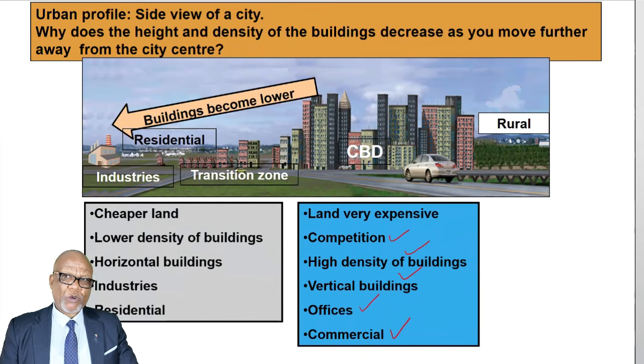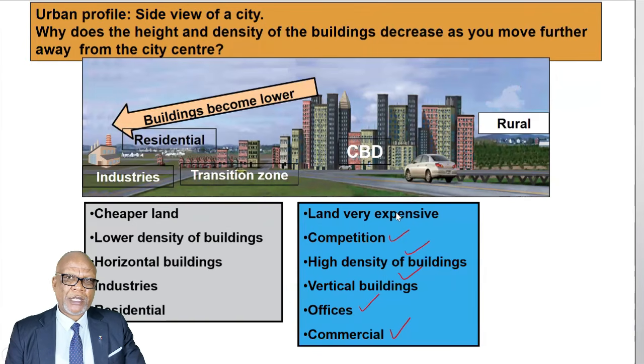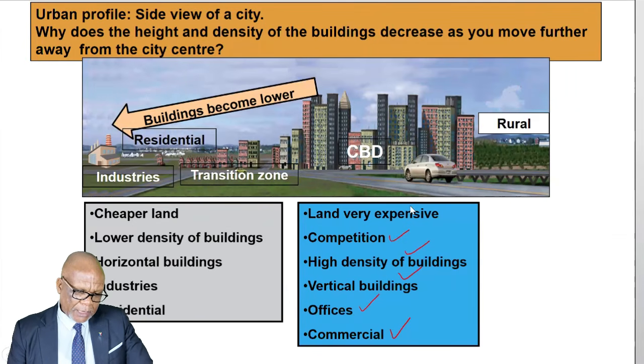But now, when you're moving away from the CBD, the land is cheaper. Because the land is cheaper, the buildings are going to be shorter, and there's going to be fewer houses, because people can afford to be far from each other, since each person can buy their own land. And the buildings are not so tall, because they don't need to maximize the value of the land.